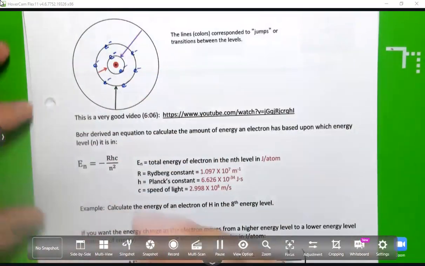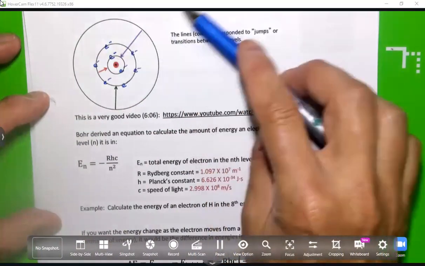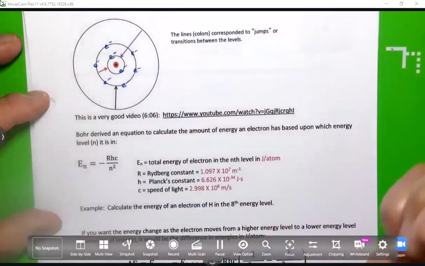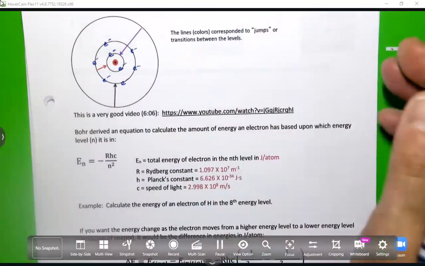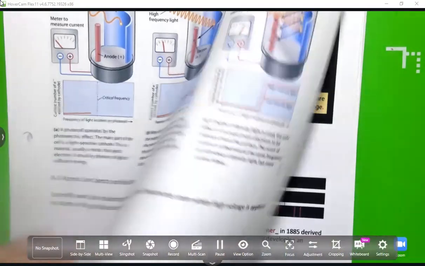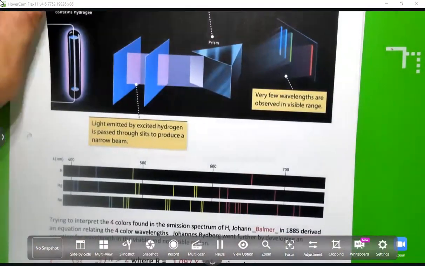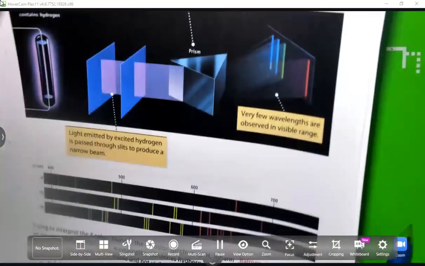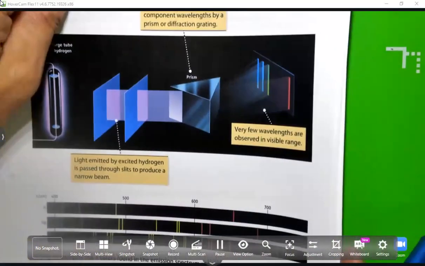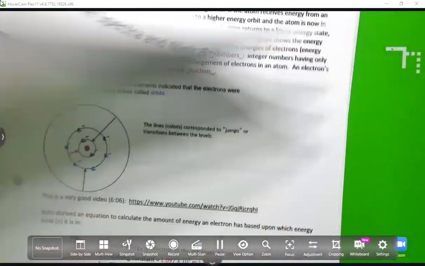So again, we know the electrons can go farther out and they come back down. Well, when they come back down is where we see visible light.